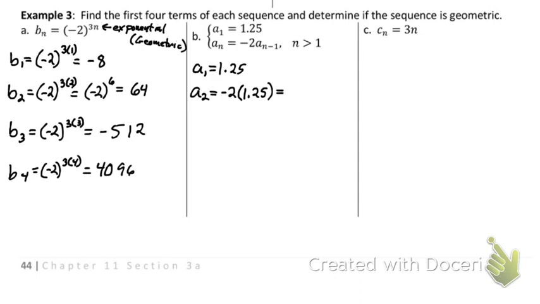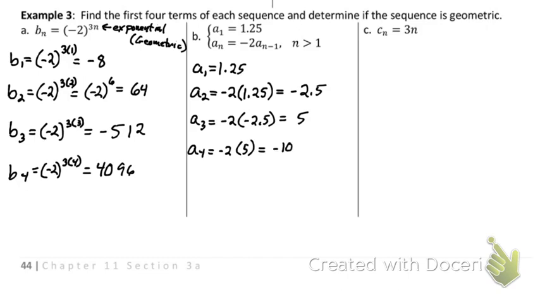That's going to equal a negative 2.5. Then our third term, well, that's going to be negative 2 again times the term before it, which would be a negative 2.5. That would equal 5. And finally, our fourth term would be negative 2 times that 5, which equals a negative 10.